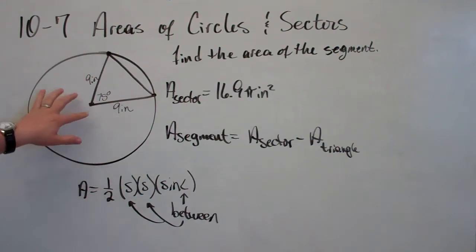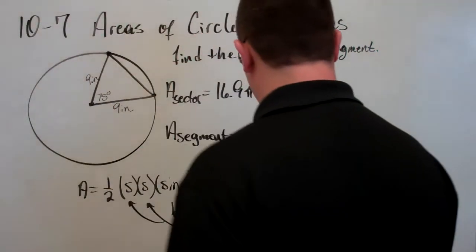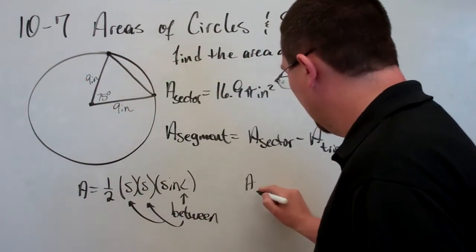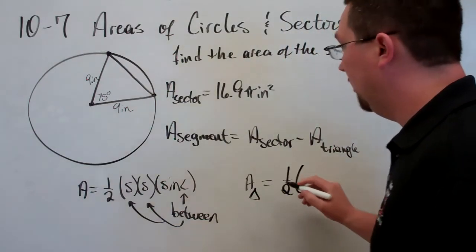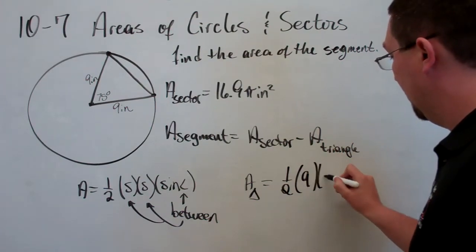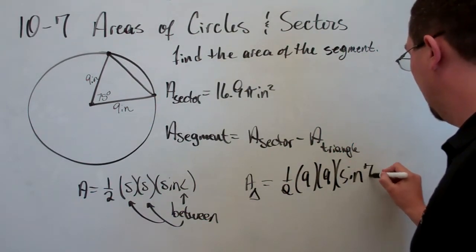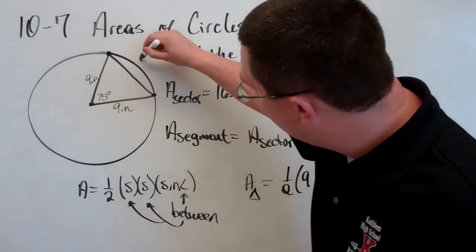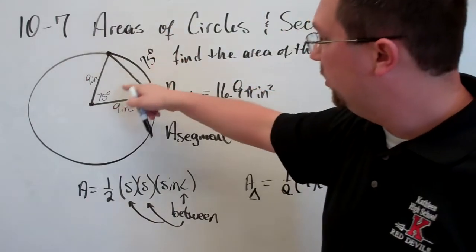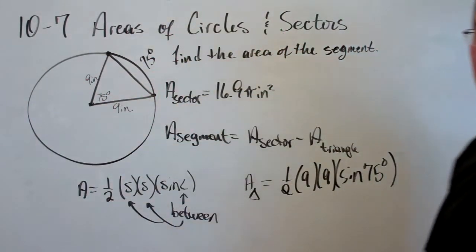So to find the area of our triangle now, it's going to be really easy. The area of the triangle is 1/2 of 9 times 9 times the sine of 75 degrees. Now, if you didn't have this angle, but you knew the arc was 75 degrees, you would use the arc length that is bounded between these two radii.